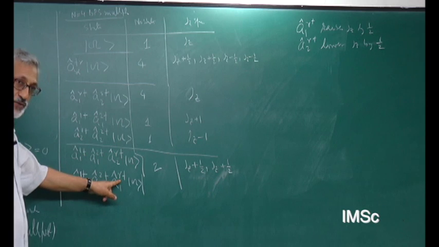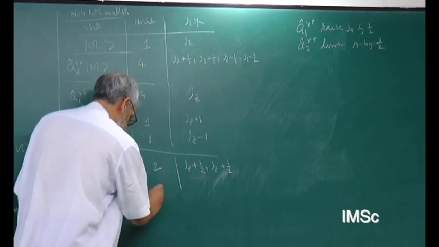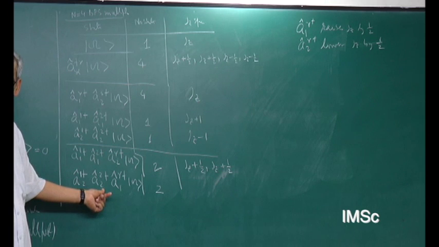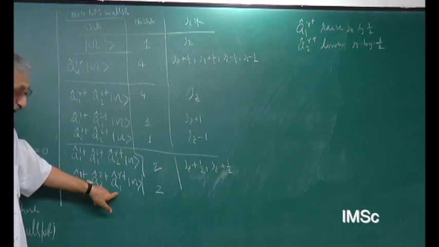Again, R takes two values, so there are two of them. The two A2's will decrease the J spin by half unit each, and A1 will increase it.